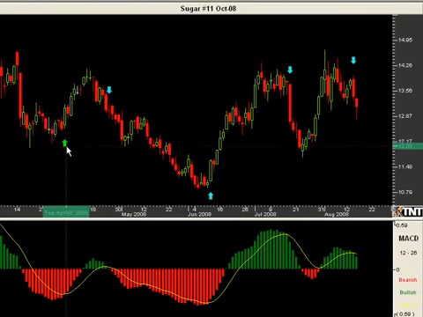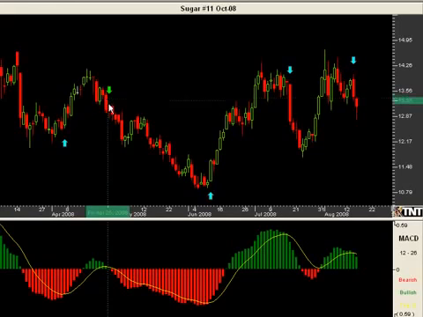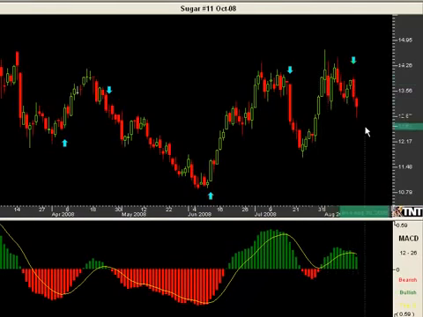We got a buy signal here when the histogram crossed over the trigger line. We got a sell signal here when it came back under the trigger line, another buy signal here, another sell signal here, there should have been a buy signal there, but it didn't come up, and another sell signal here.